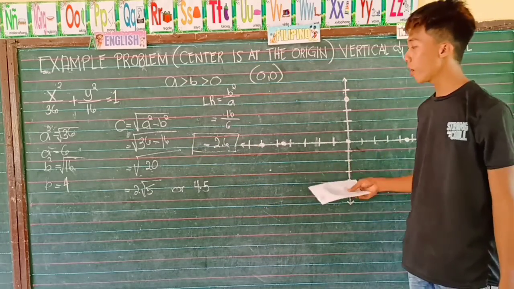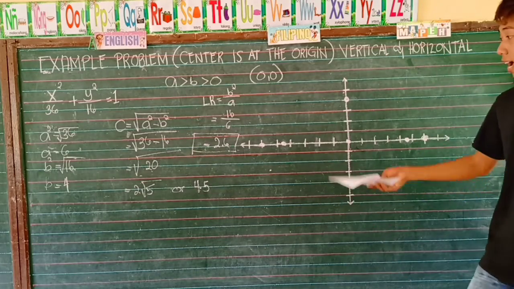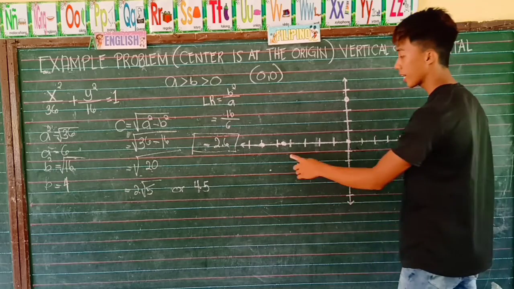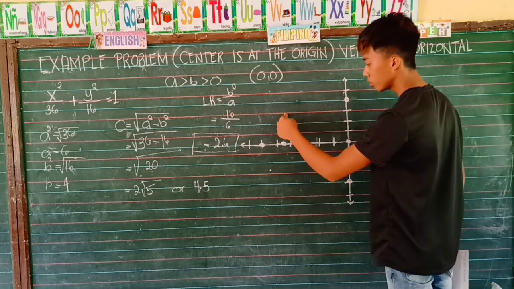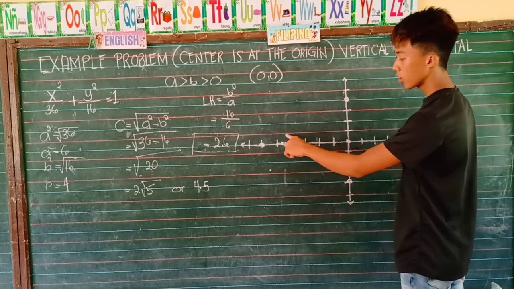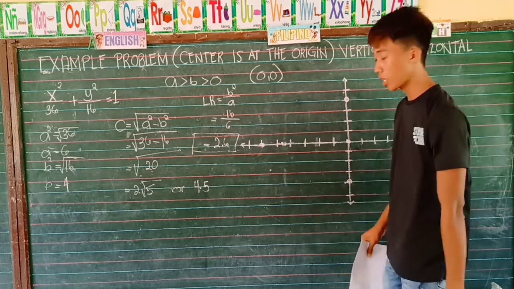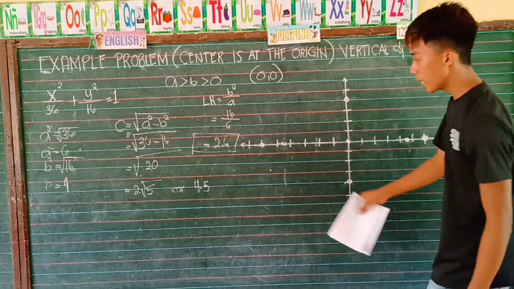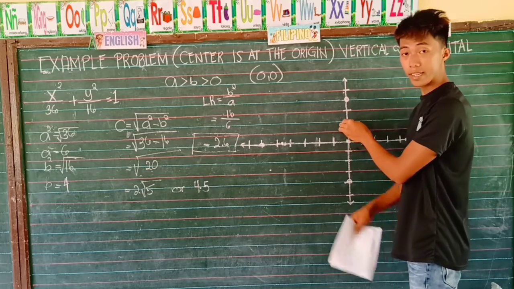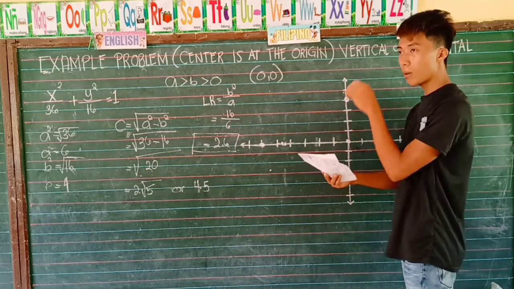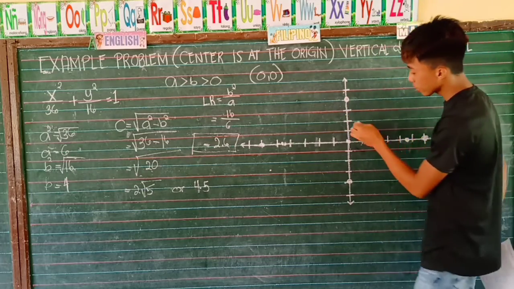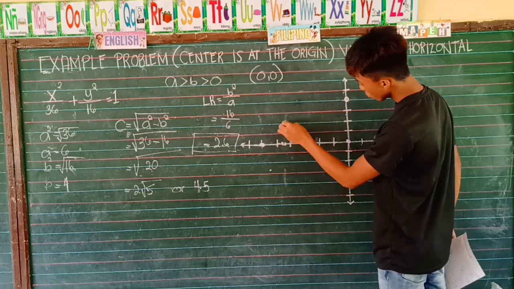Since our graph has a horizontal axis, our latus rectum is on the upper and lower part of our foci, perpendicular to the line that passes through our focus. So let's plot 2.6: 1, 2. Since .6 is in the upper part, between 2 and 3: 1, 2.